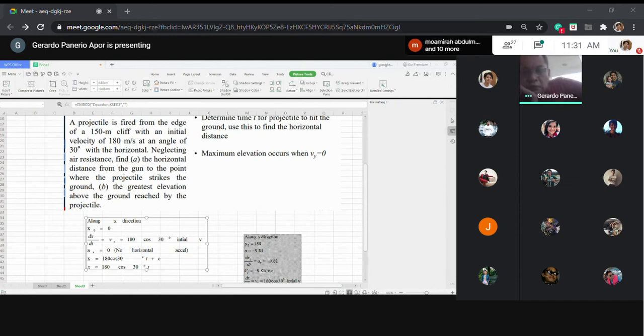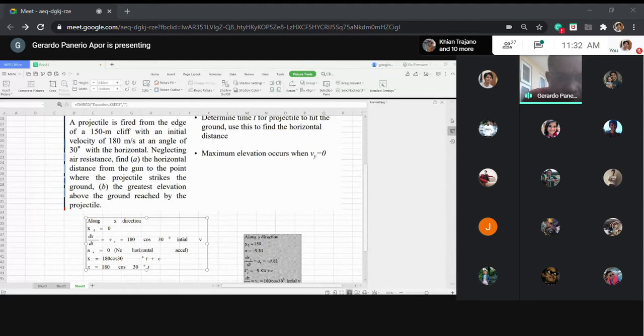However, at time equals to 0, y is equal to, let us say, y0 initial, which is equal to 150.